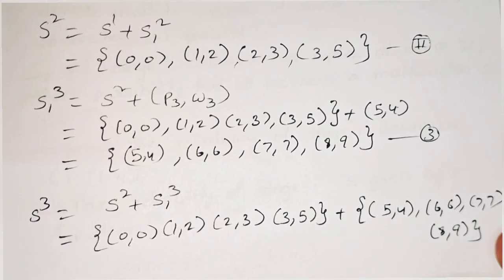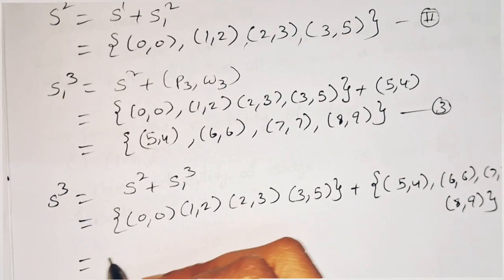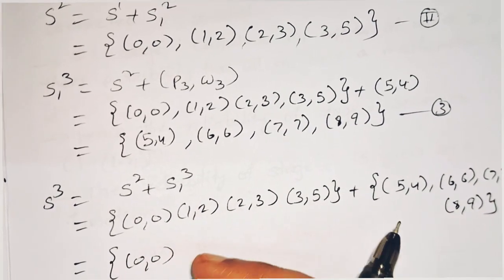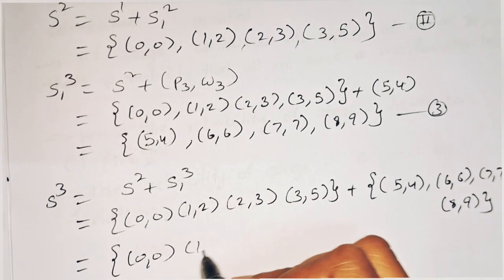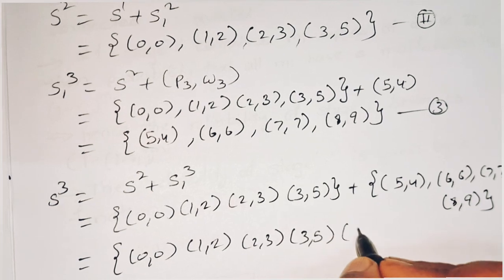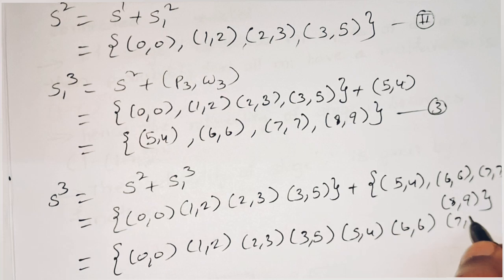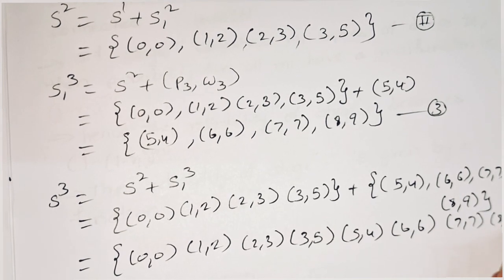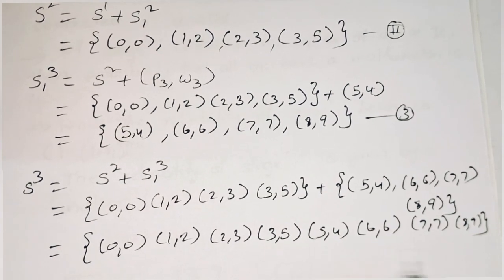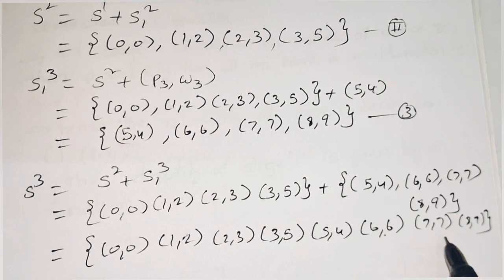So here if you observe, we are going to unite these two values, that is S3 equals to, so 0, 0. So we are just applying the union operation for these two sets. 1, 2, 2, 3, 3, 5, 5, 4, 6, 6, 7, 7 and 8, 9. But here if you observe, the 7, 7 and 8, 9 are cancelled.